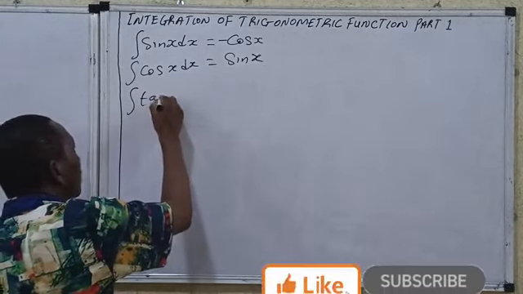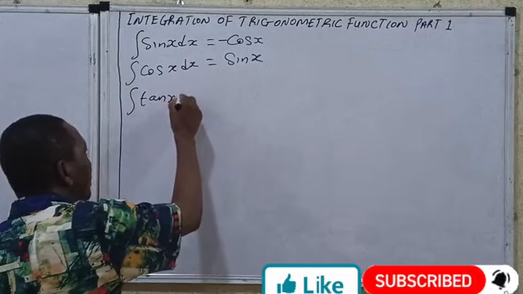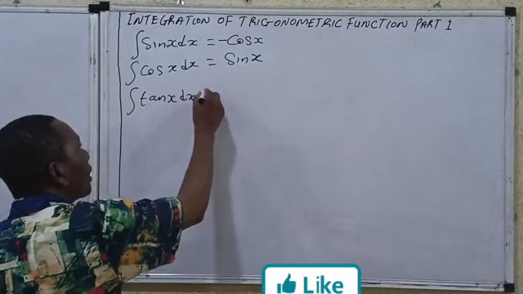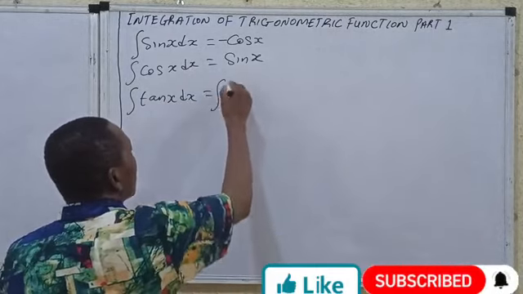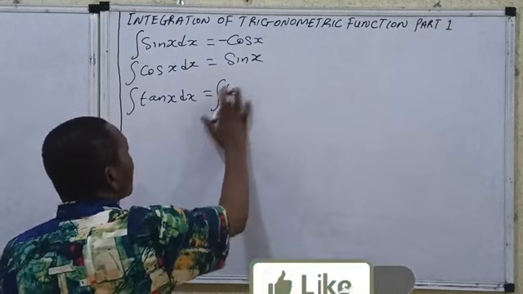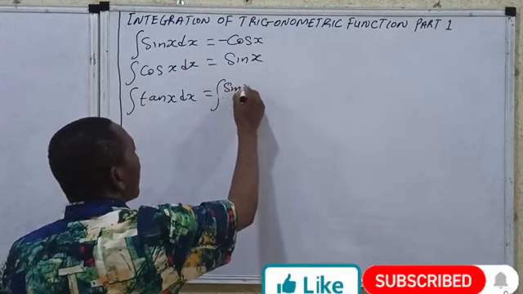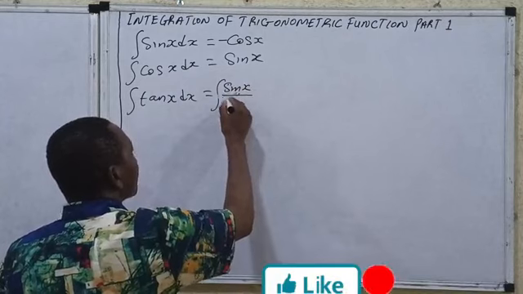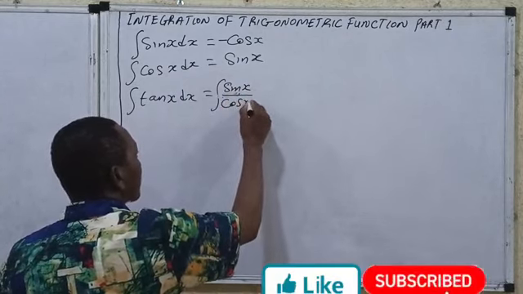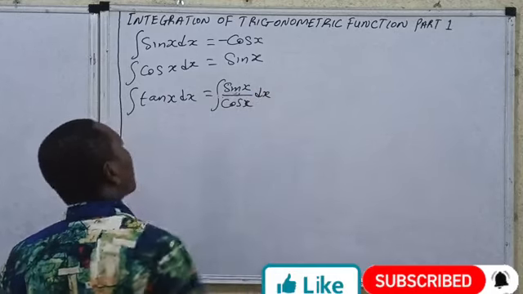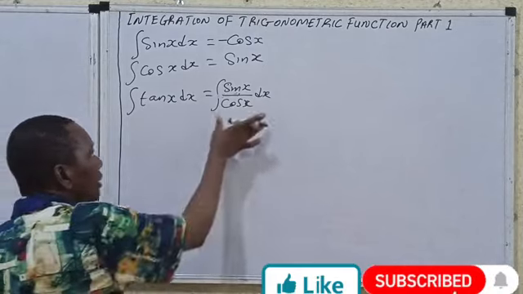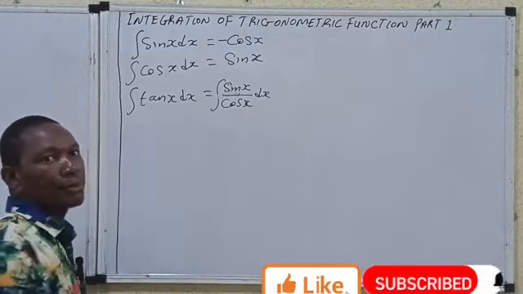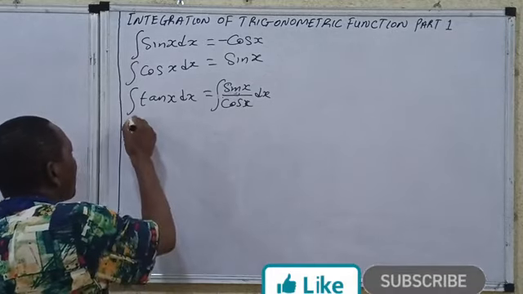So what if you are now asked to integrate tan x? Now this is different. Remember, tan x is the same thing as sine x all over cos x, dx. And to integrate this, just use the simple substitution method.